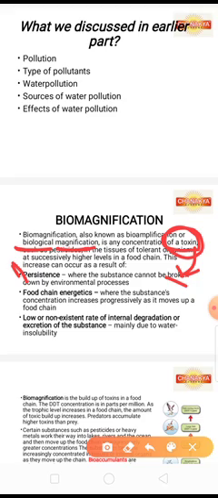Second, the substance concentration increases progressively as it moves up the food chain. They move upward, so their concentration increases. And the third one is the non-existent rate of internal degradation. They will not be degraded, and that's why they will be present.